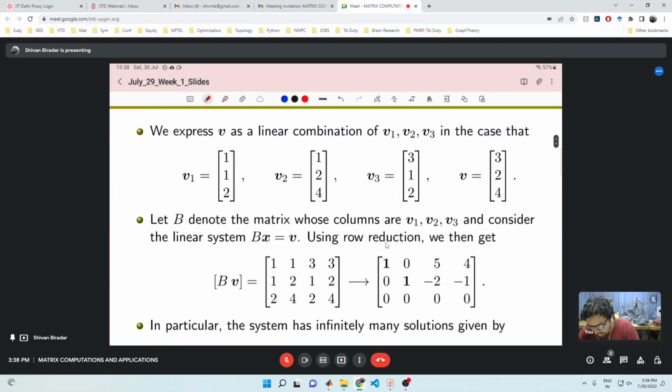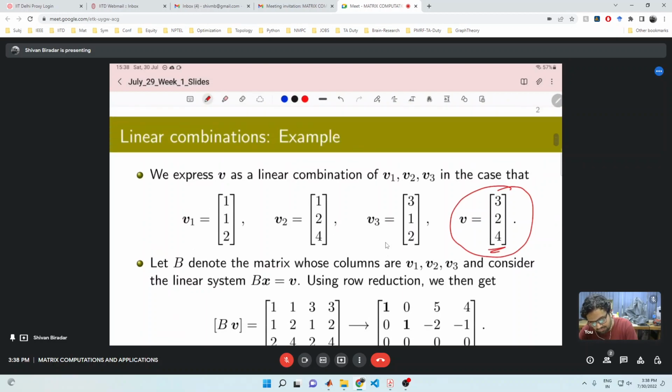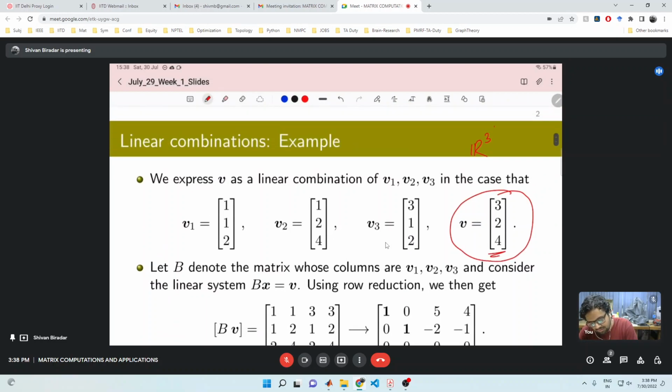So we can take this vector. Let us say that v is (3, 2, 4). We can express this vector v in R^3. So we are considering R^3 here, which means that this is a three-dimensional space now.